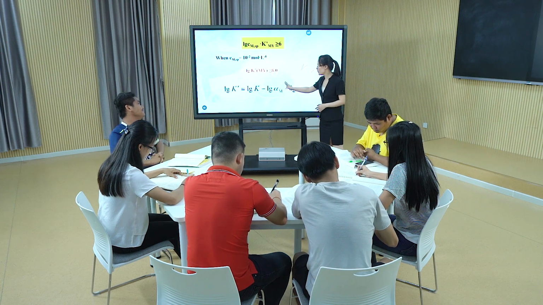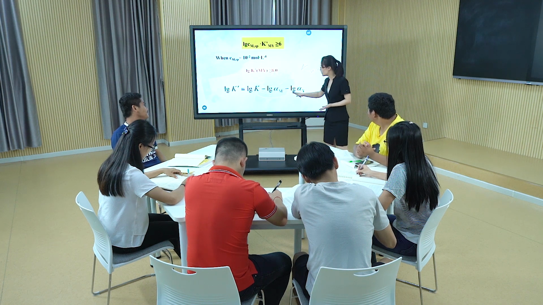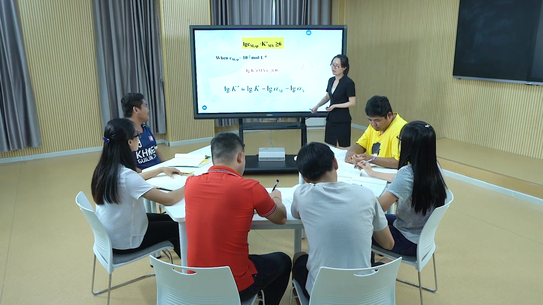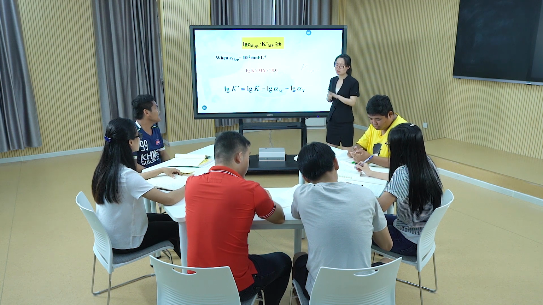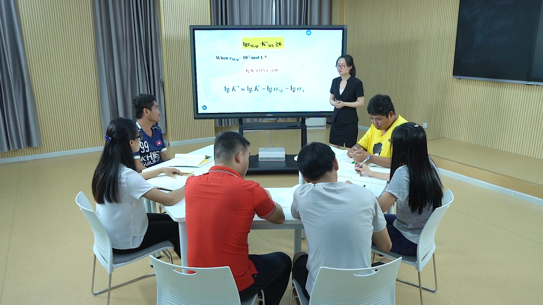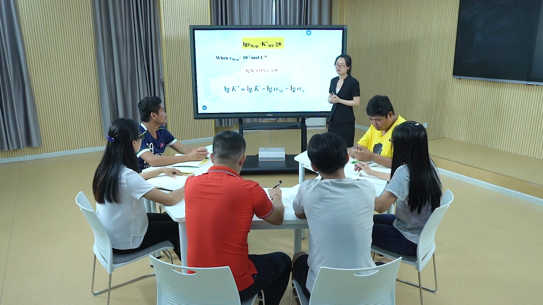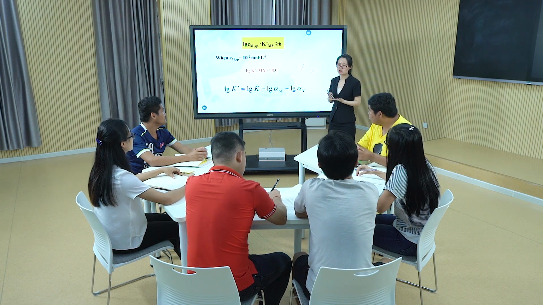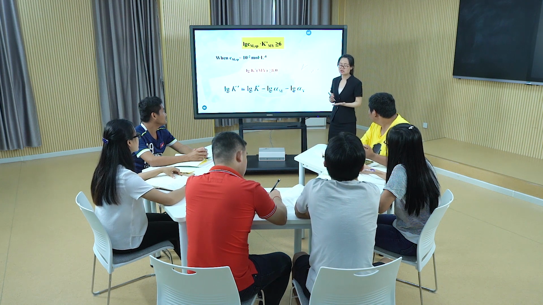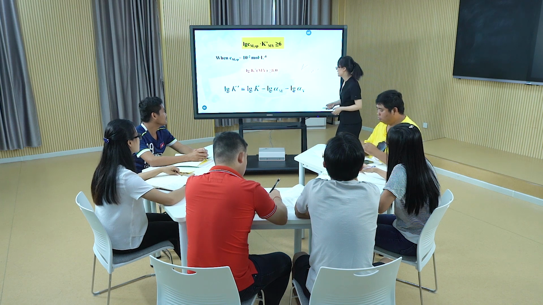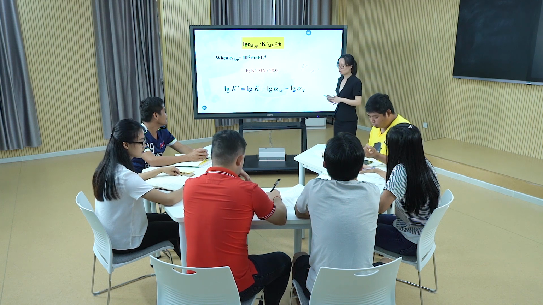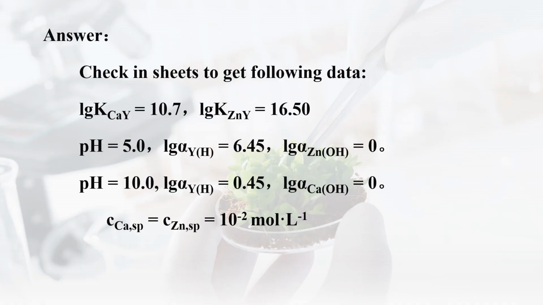Now we come to the question of how to calculate alpha_M and alpha_Y at different pH, remember, at pH 10 and pH 5. So how to get alpha_M and alpha_Y? We need to search the data from the table. If we check the tables, we can find the following data.